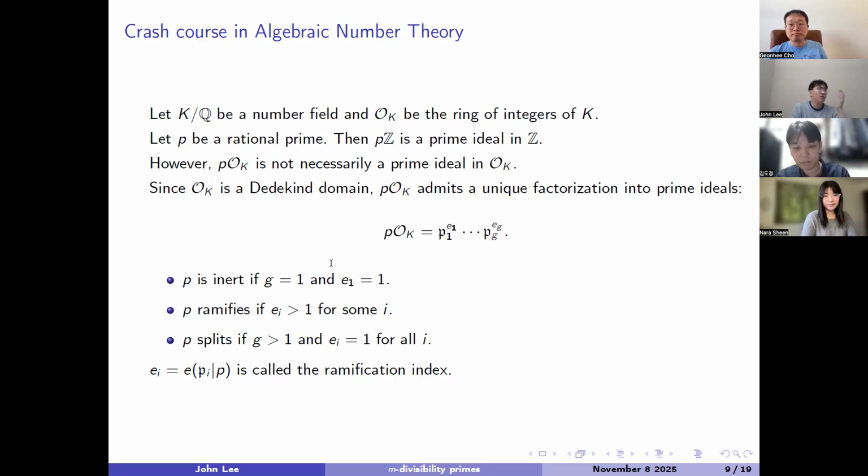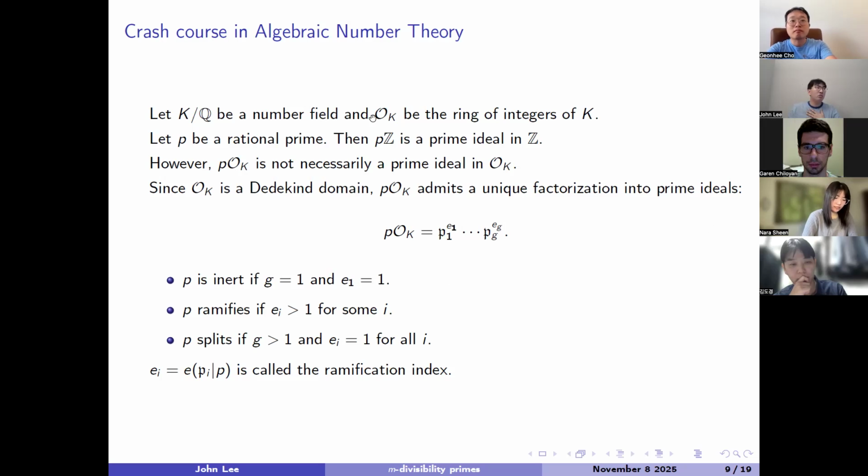So let K be a number field and OK be the ring of integers. Let P be a rational prime, then PZ is a prime ideal in Z. Then naively, we can expect POK, that is, multiplying OK by P, to hopefully be a prime ideal, but not necessarily in most cases. But OK is a Dedekind domain.